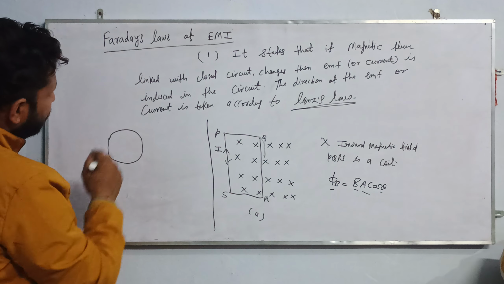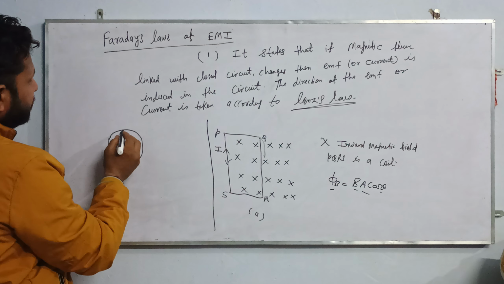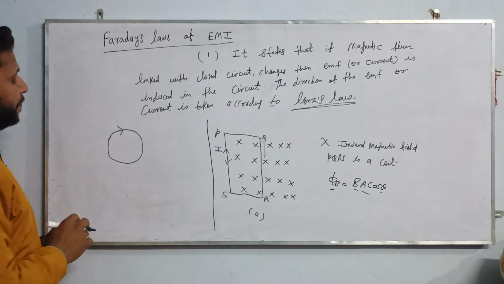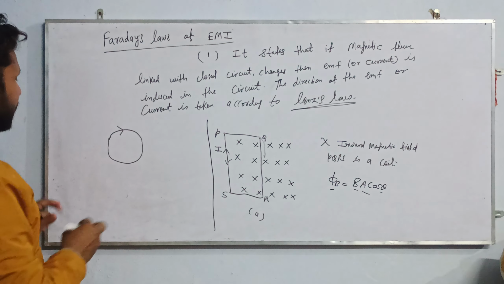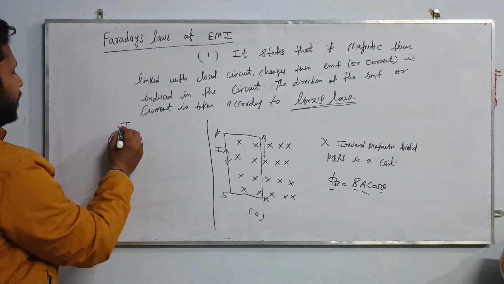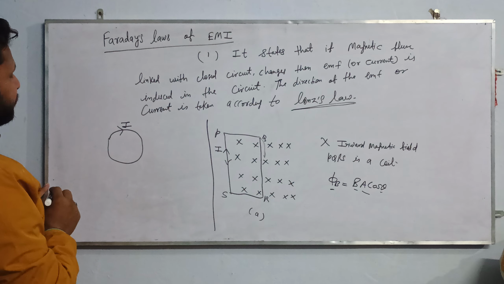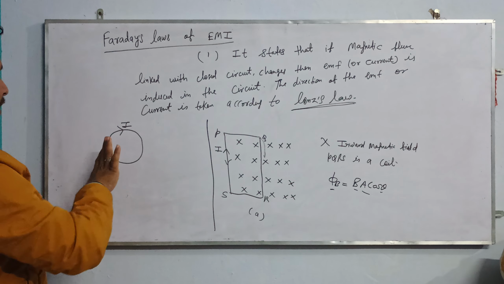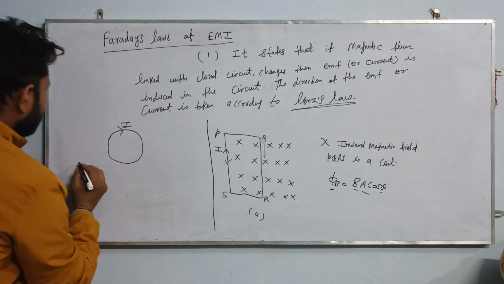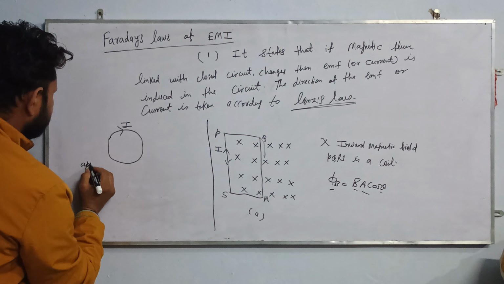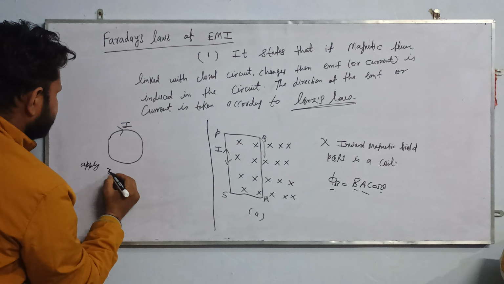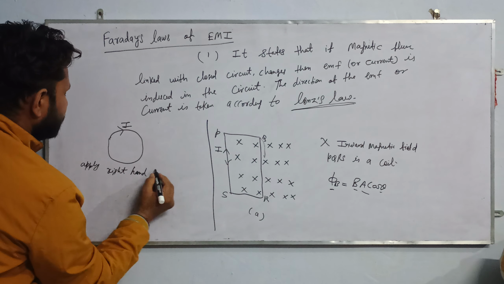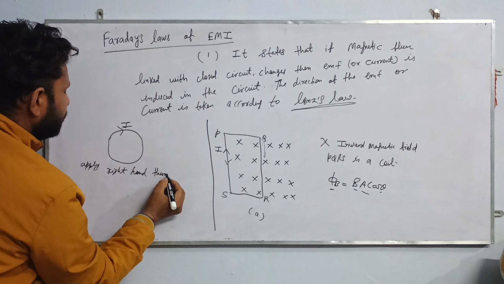It is a circular loop. Suppose the current direction is in this way, current I, then apply the right hand thumb rule.